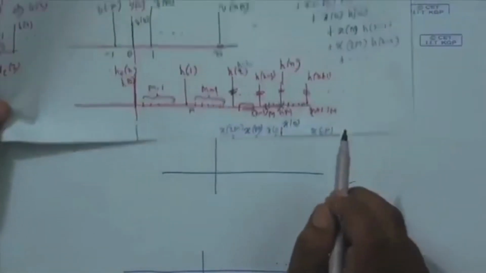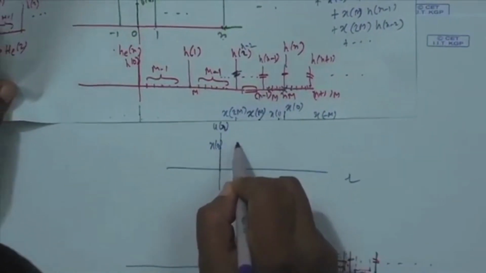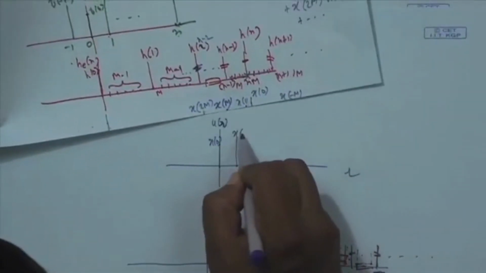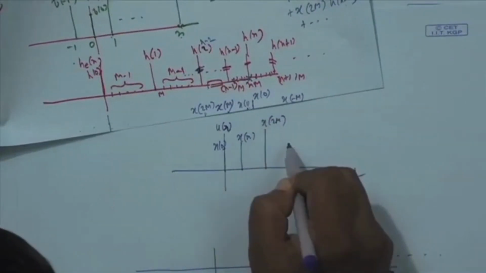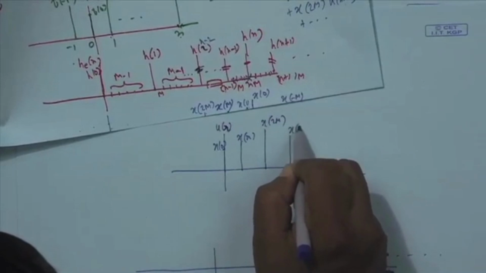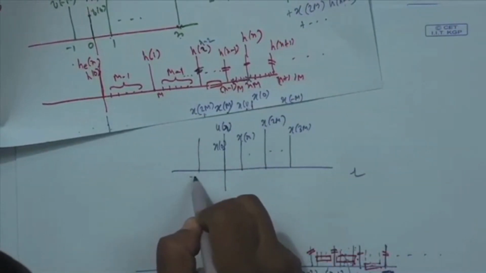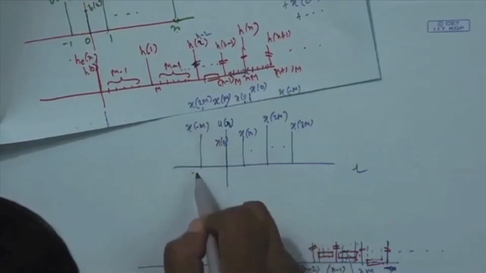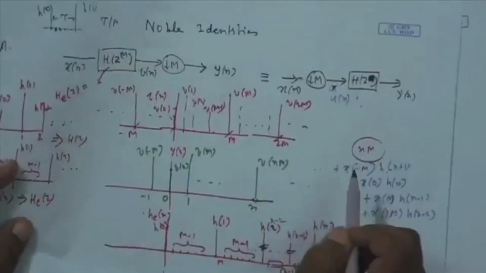So, u r is decimated version. So, 0th sample will be x 0, first sample will be not x 1, x 2, but x m, next sample will be x 2m, next sample will be x 3m dot dot dot dot, and here you have got x minus m at minus 1, 0, 1, 2, 3 dot dot dot dot, because decimated.